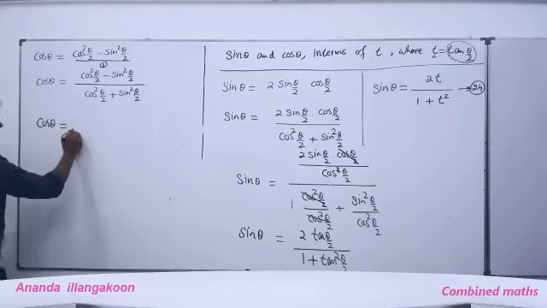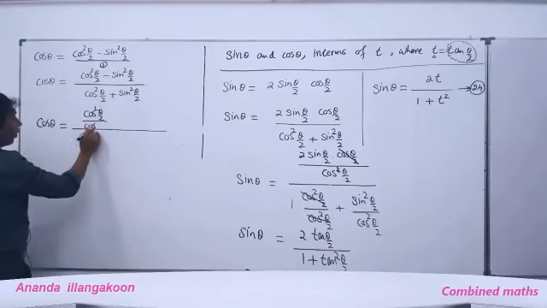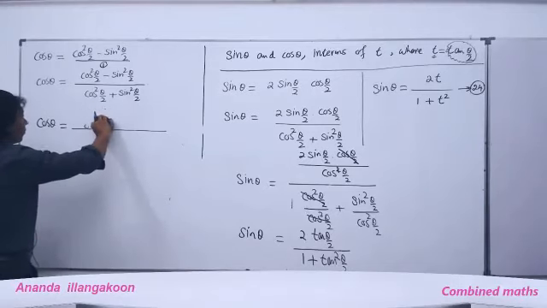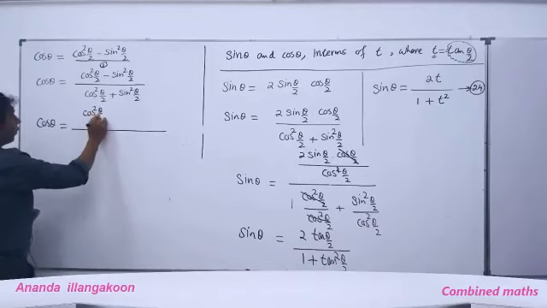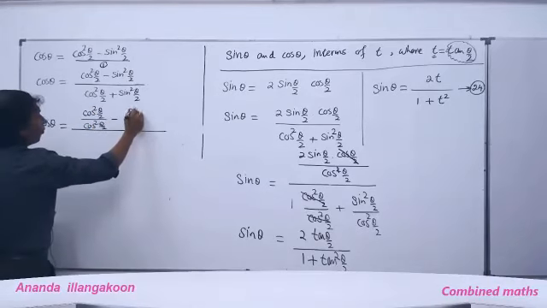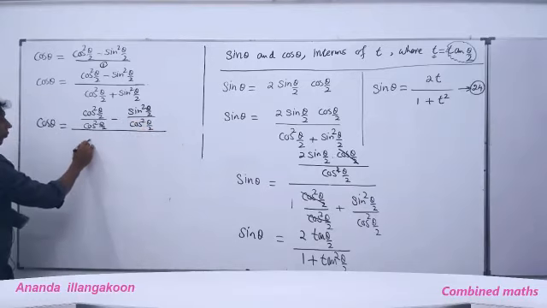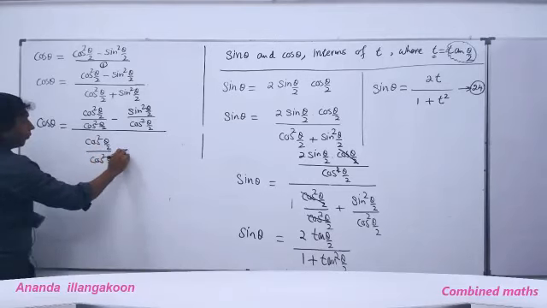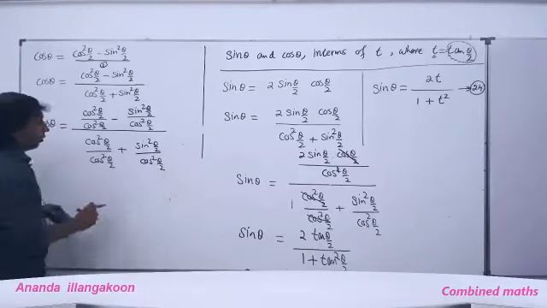Cos theta is equal to cos square theta by 2 divided by cos square theta by 2 minus sin square theta by 2 divided by cos square theta by 2, over cos square theta by 2 divided by cos square theta by 2 plus sin square theta by 2 divided by cos square theta by 2.